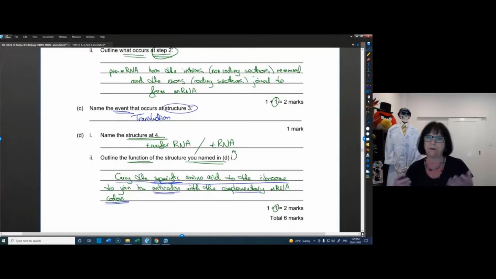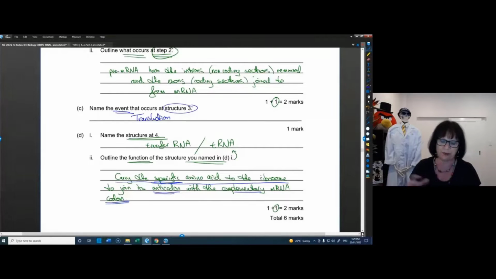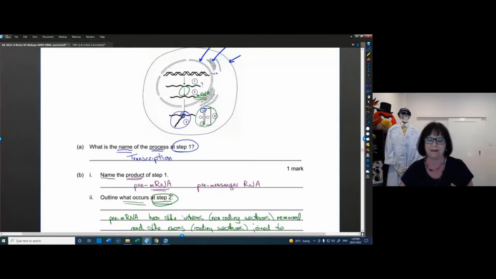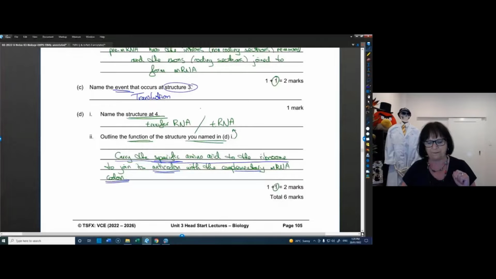So I haven't gone into the amino acids joining by peptide bonds. That's not relevant. But this is about tRNA. And the function of tRNA is to carry that amino acid. But the reason it's that tRNA is because of its little anticodon. And its little anticodon, which is this bit here, is going to be complementary to the codon that the ribosome's reading.